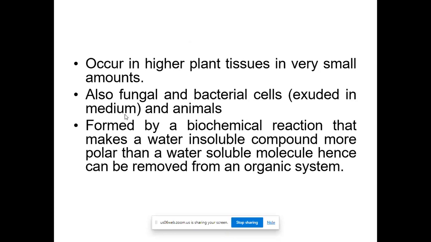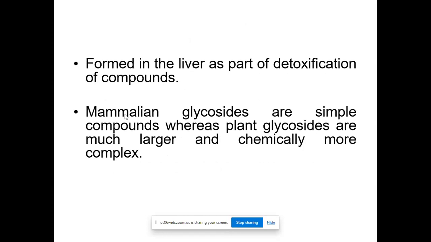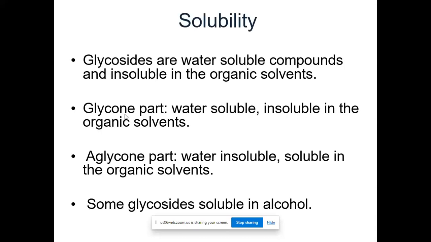So they occur in higher plants in tissues, also from fungal and bacteria cells. They are formed in the liver as part of detoxification of compounds. Mammalian glycosides are also simple compounds, whereas plant glycosides are much more complex. But in this part, we'll be focusing more on the plant side.